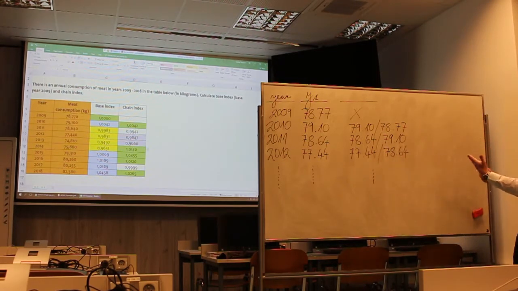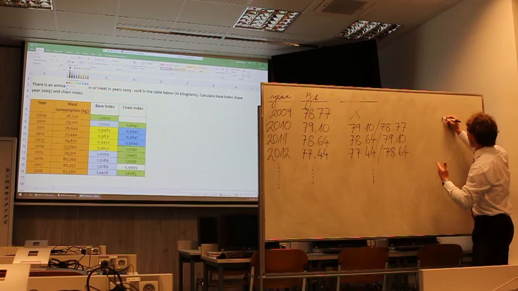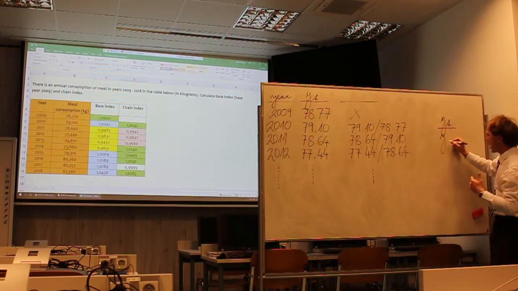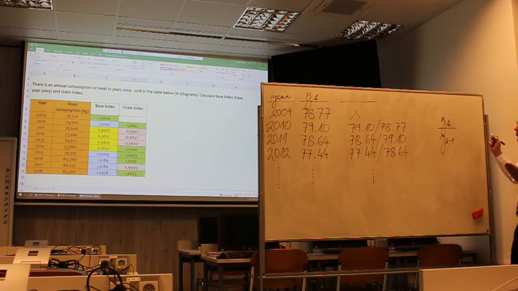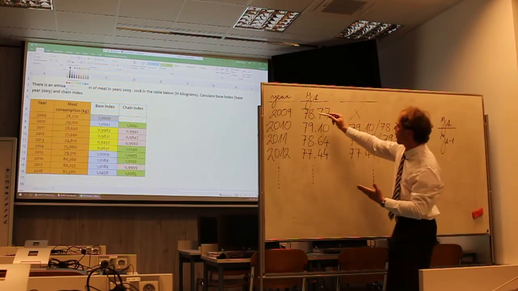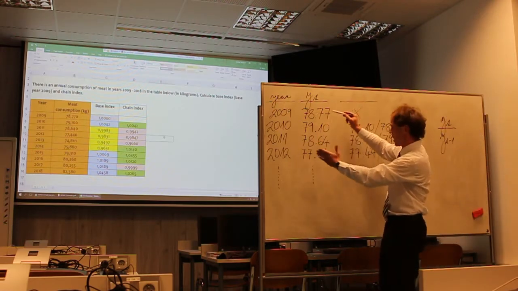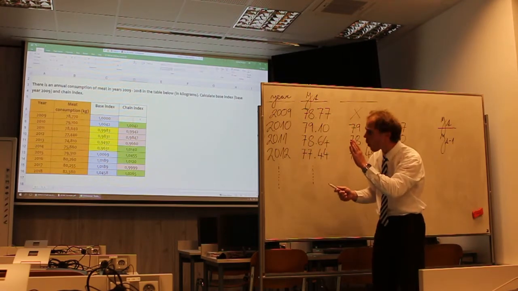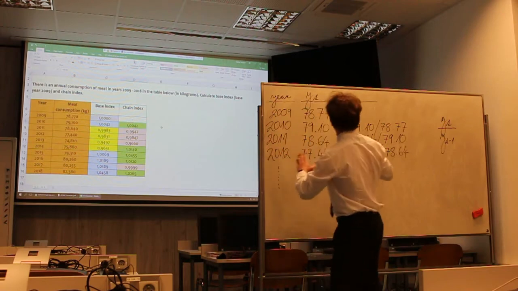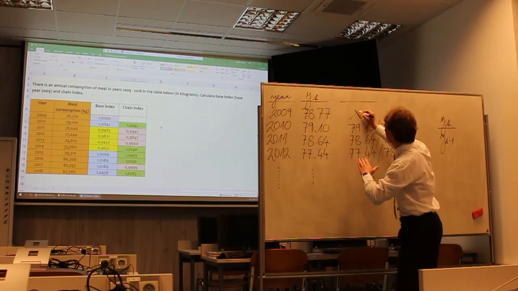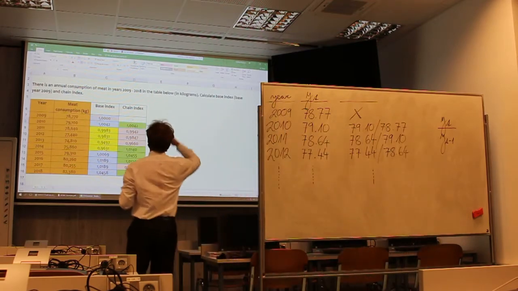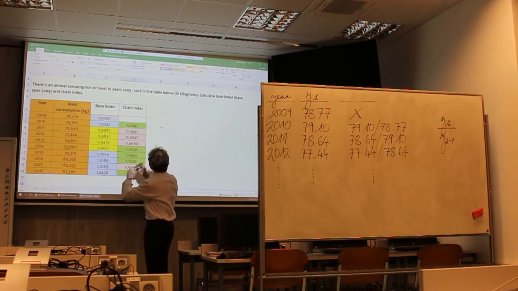Chain indices: y in time t divided by y in time t minus 1. We don't have a previous value for year 2009, there is no year 2008, so we omitted this row.